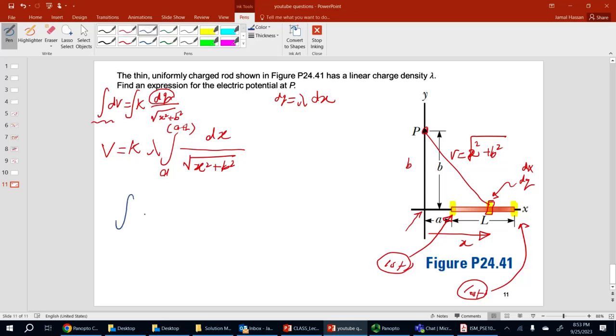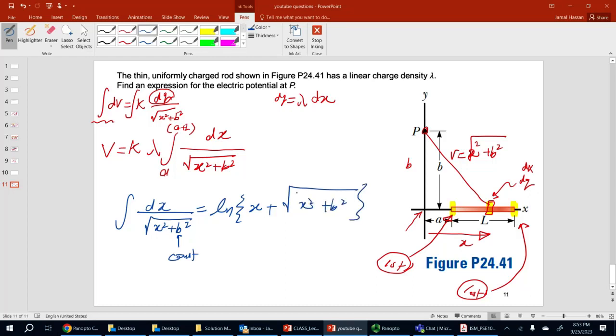Now I'm sure you have done this in calculus. Whenever you have this integral of dx over the square root of x squared plus b squared, where b is constant, this integral gives us ln of the variable plus the expression in the denominator, the square root of x squared plus b squared.